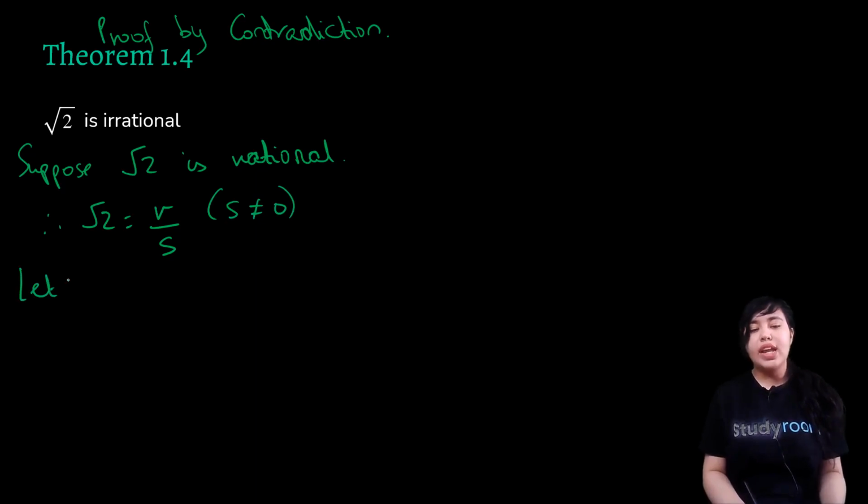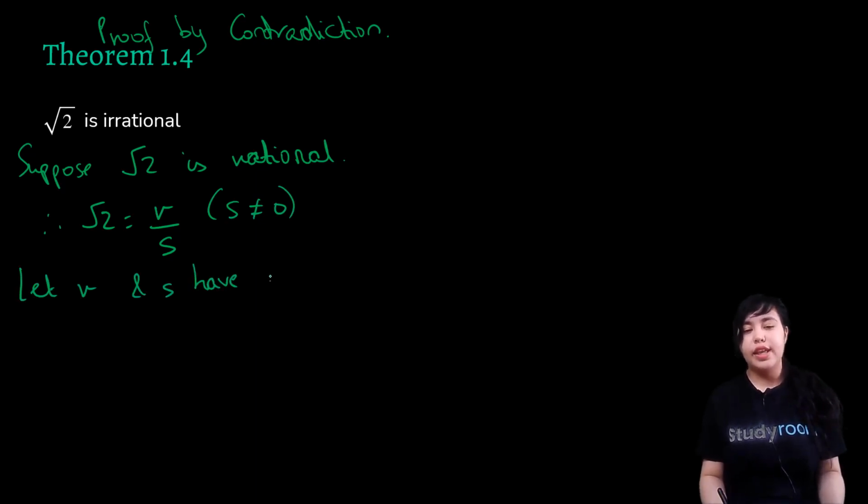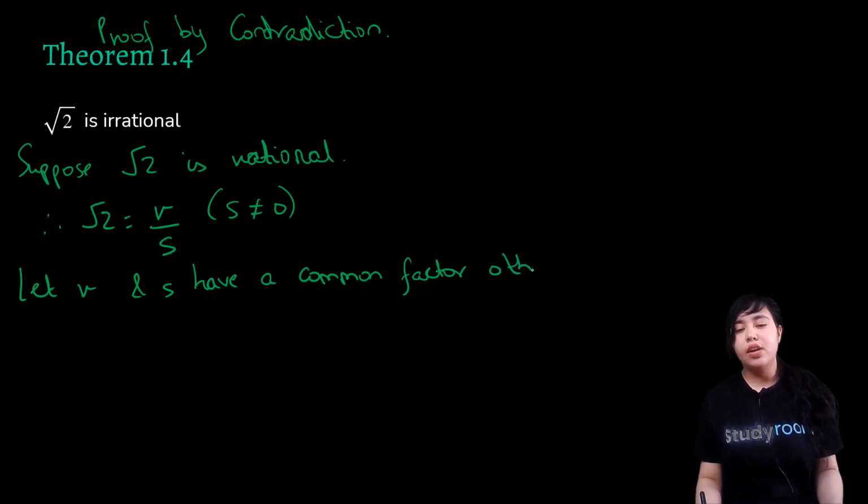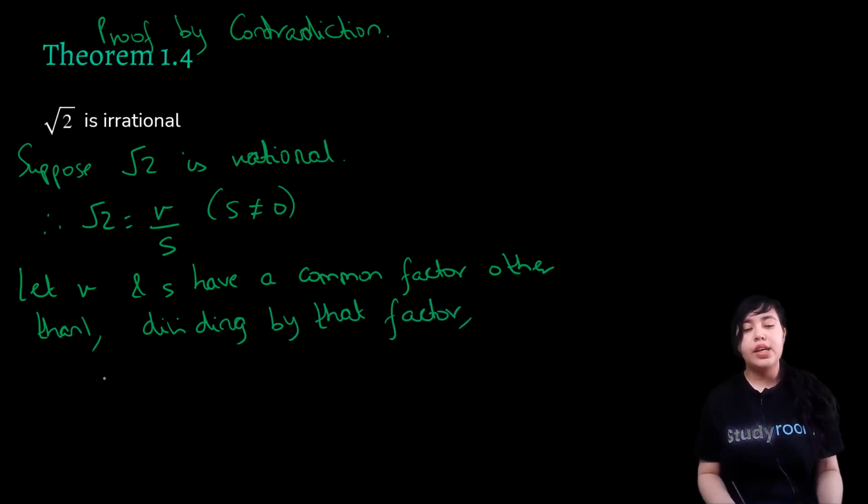Now let's say that r and s have some common factor other than 1. So dividing by that factor gives us root 2 is equal to a upon b.